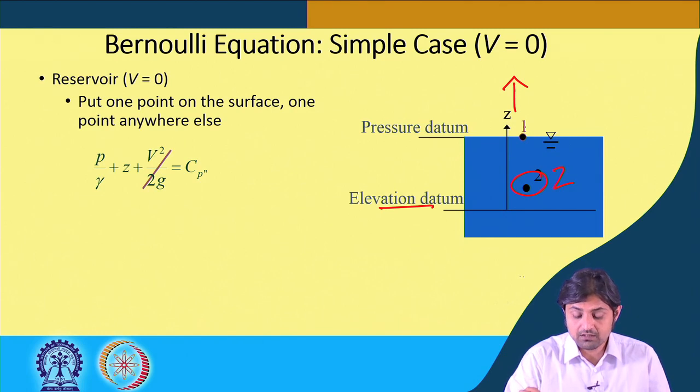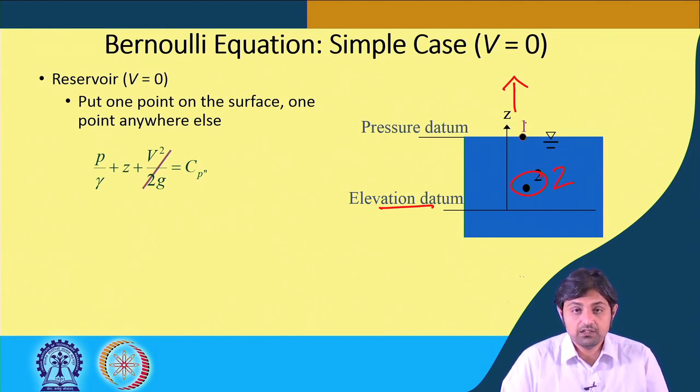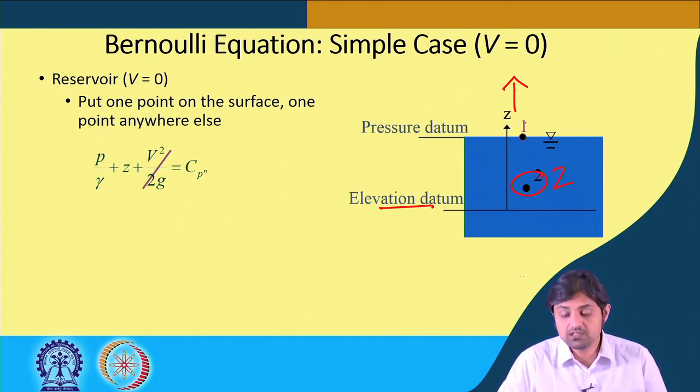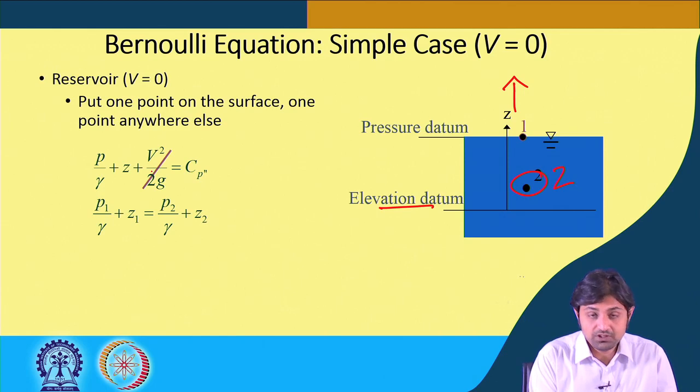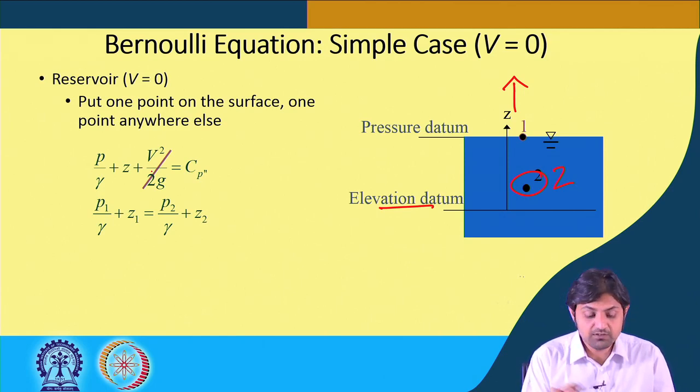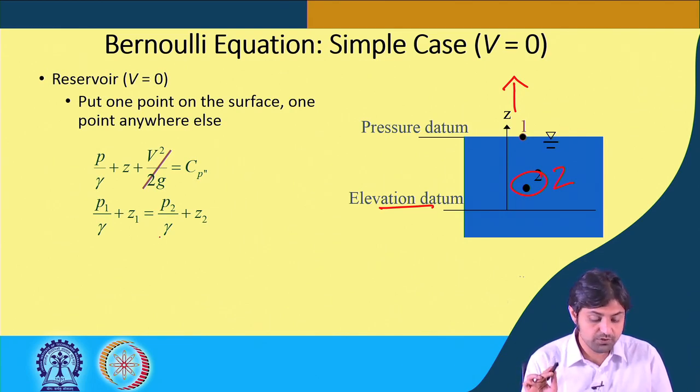So we apply Bernoulli's equation between these 2 points. In the reservoir the velocity is 0, right? So V square by 2g is going to be eliminated here. Between these 2 points we can write P1 by gamma plus Z1 is equal to P2 by gamma plus Z2, whatever it is going to be.